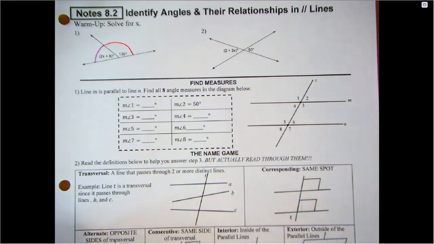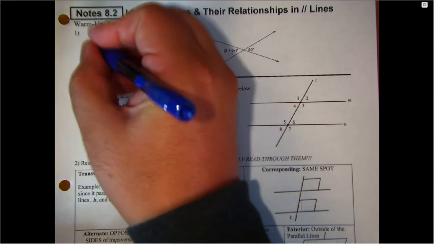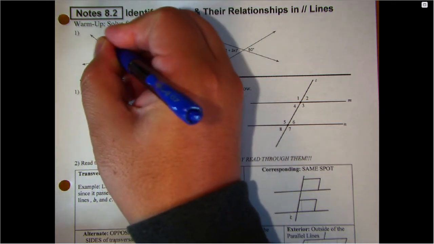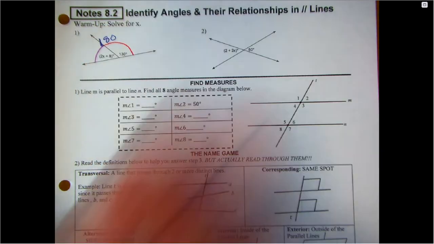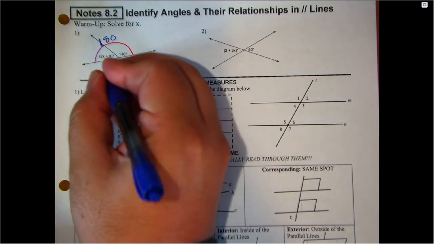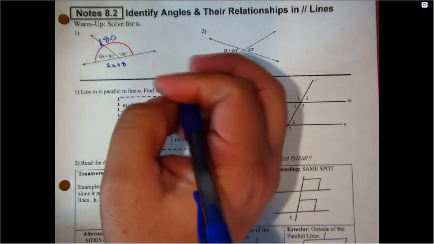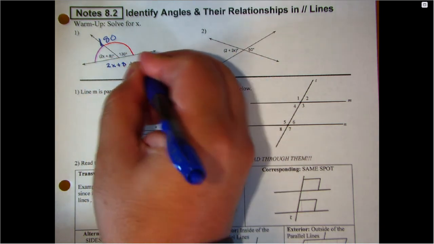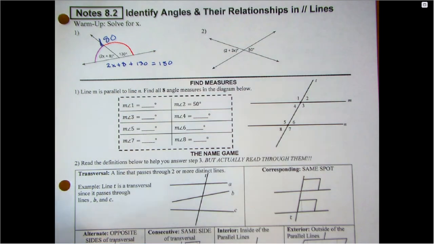One of the things we needed to remember is that when you have angles that are side by side like this, together they're going to add up and make 180 degrees when we see a mark like this. And so the idea is they are supplementary. So 2x plus 8 plus the 130 are going to make 180 degrees. And then we would take the steps to solve for it and so forth.